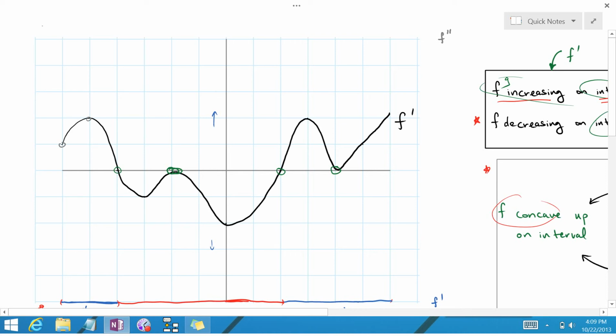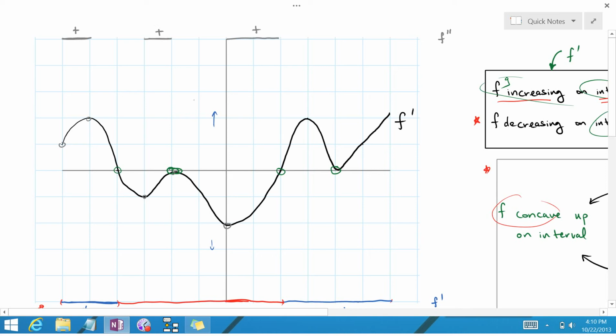So I'm going to draw that interval here in gray. That's where f double prime is positive, or in other words, where f prime is increasing. Where else are we increasing? Well, I notice from here to here we're increasing. So we're also increasing here. Then we decrease a while, and then from here to here, we're increasing.